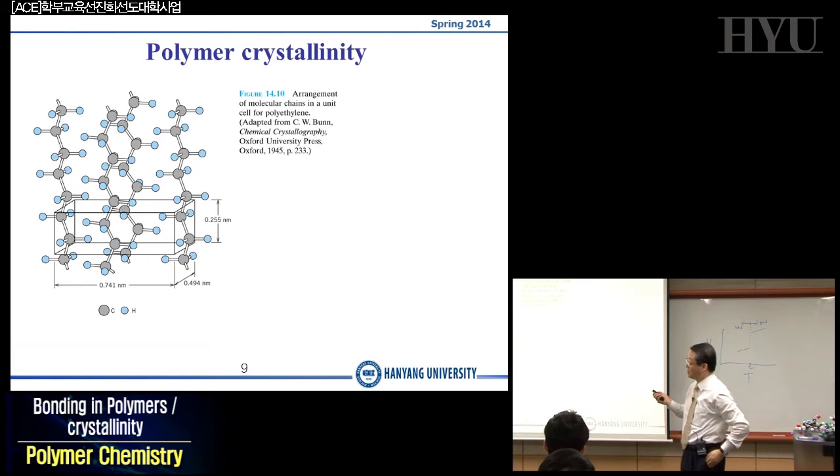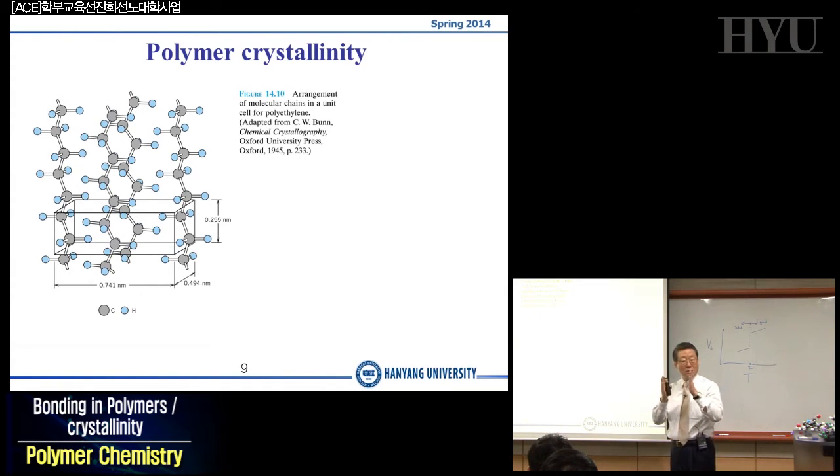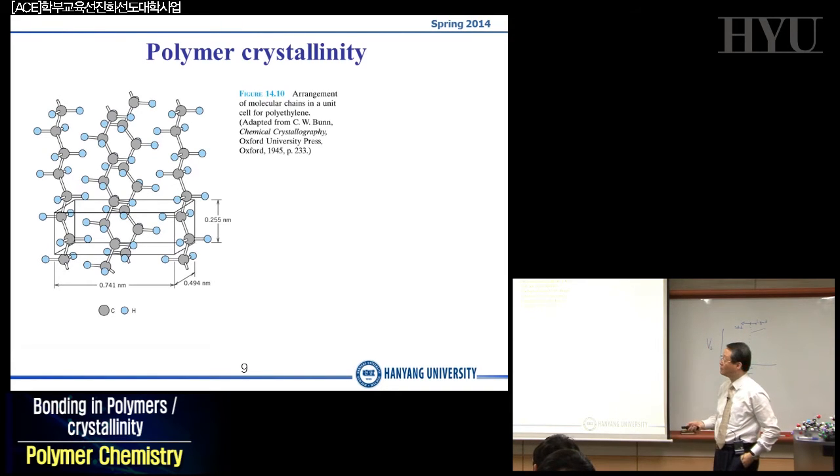If it has dipole-dipole interaction, that will make this polymer, in the polyethylene case, much stronger. If it doesn't have any dipole-dipole interaction or hydrogen bonding, then the chain interaction is not strong, so it could be in the shape of random structures, and it becomes an amorphous polymer.